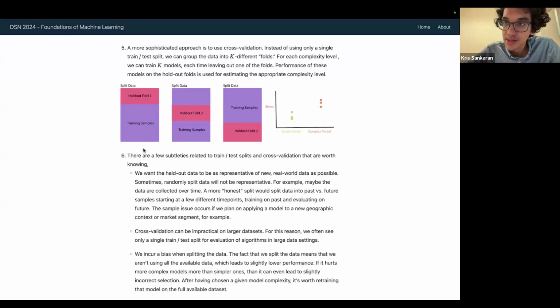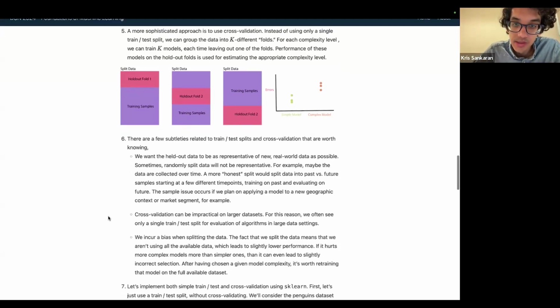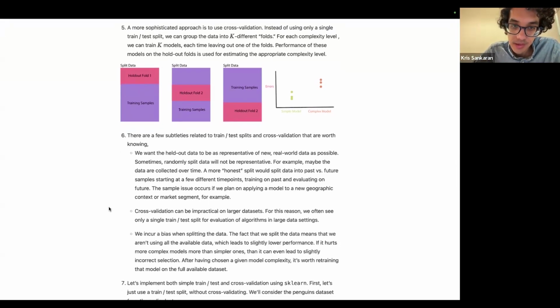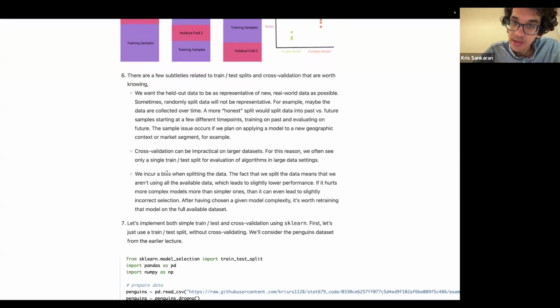That doesn't really make sense, because it's not representative of the real world, where if you're gathering new data ordered by time and time matters, you should be trying to predict the future, not the past. So in that case, you should be doing something called temporal cross-validation, where you split into time segments rather than just randomly assigning training and test to the original data. Okay. There's also a kind of bias that you get when you use cross-validation.